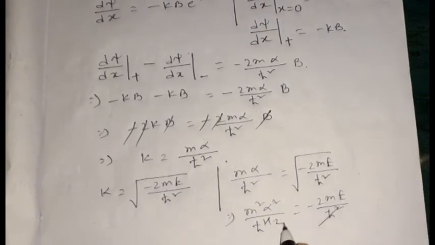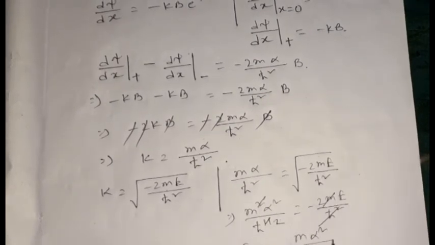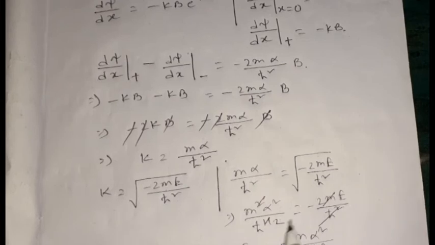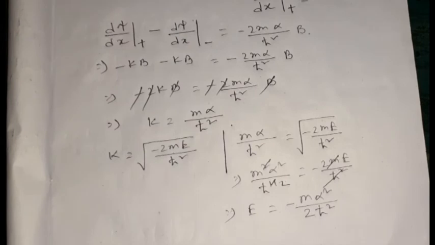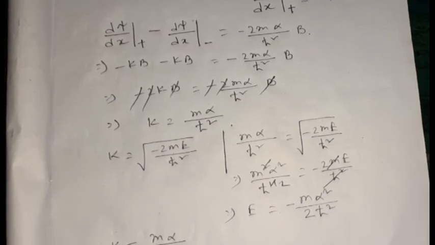Okay, let's cancel out this, and we easily get mα² by 2ħ² followed by a minus. So this is the energy eigenvalue. Now we know k is equal to mα/ħ², so we have to find the constant b.